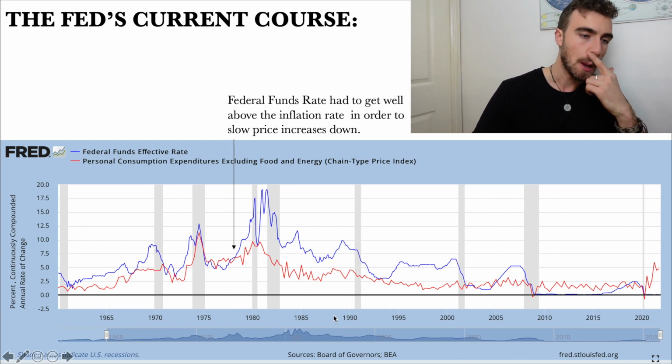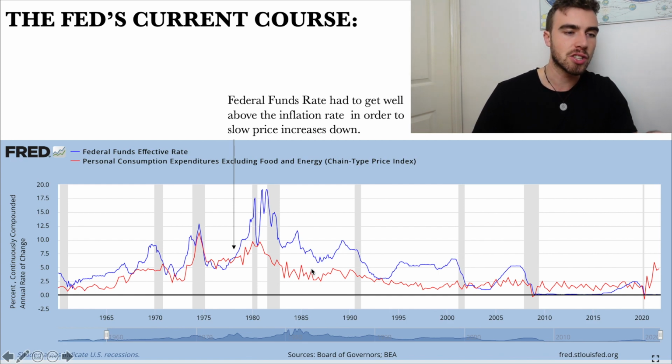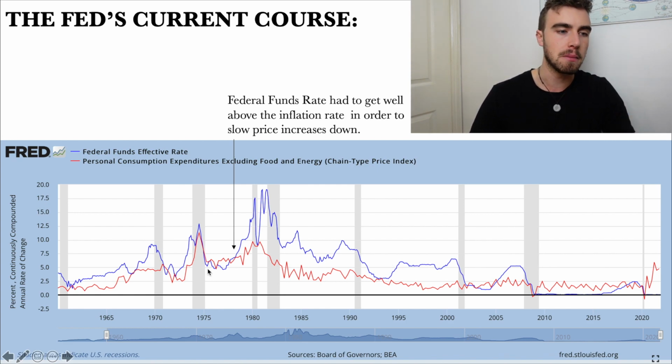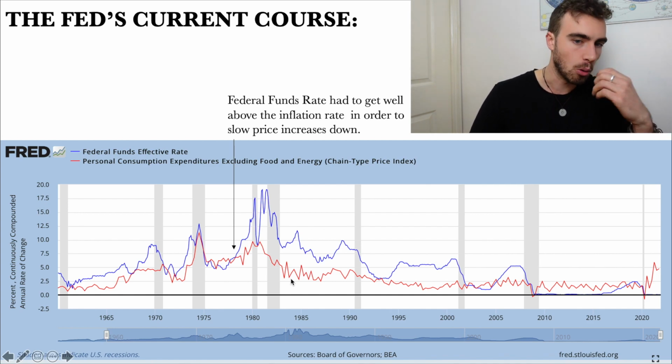But anyway, you can see here that historically the base rate has always been above the inflation rate, and in the 1970s, when this inflation rate started to take off and get above, the interest rate had to be hiked massively. That then caused a recession, brought the inflation rate down. That's basically what popped it.